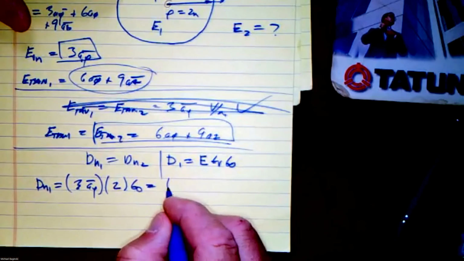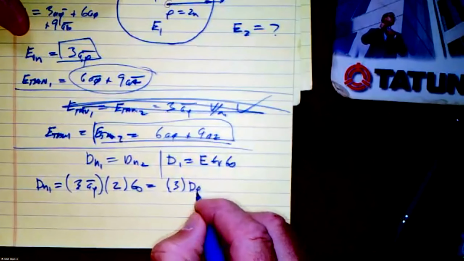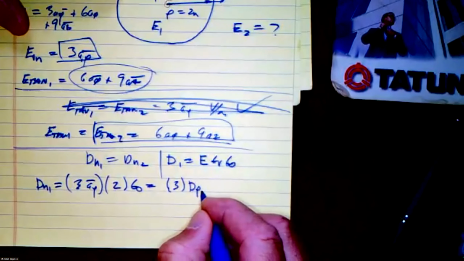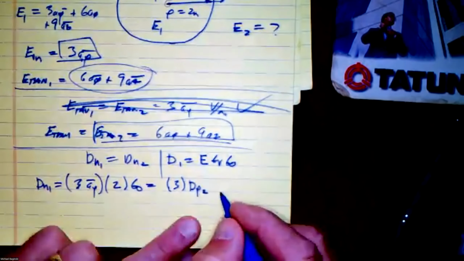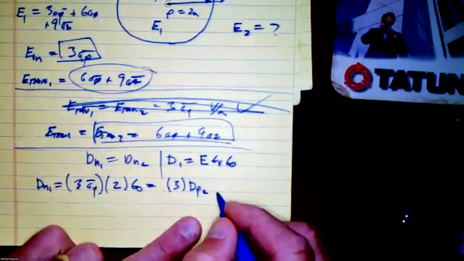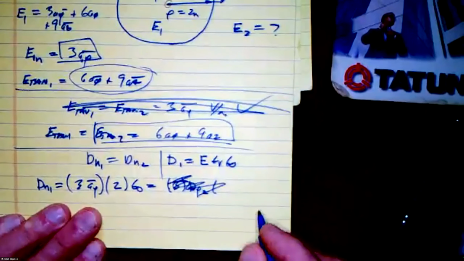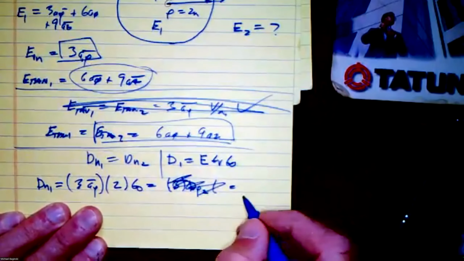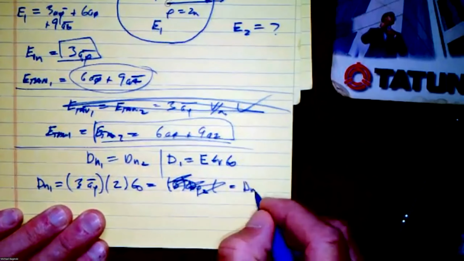But we know epsilon relative in region 2 is 3, and it's D rho in the second region. They have to be the same.